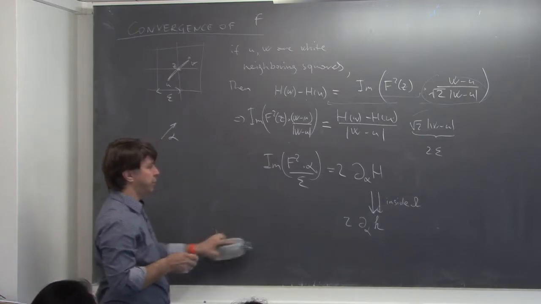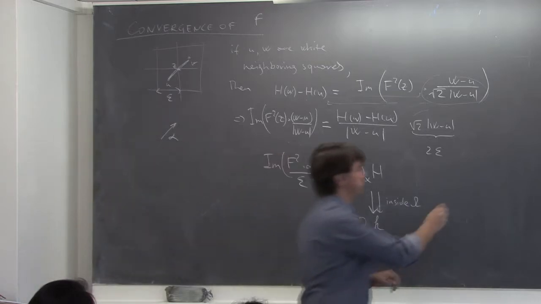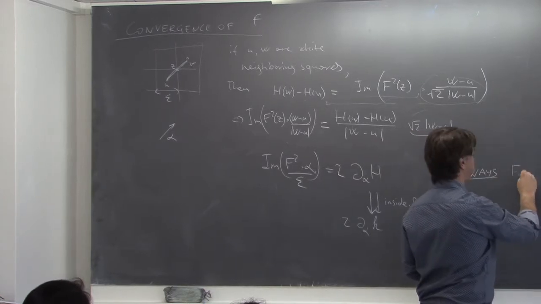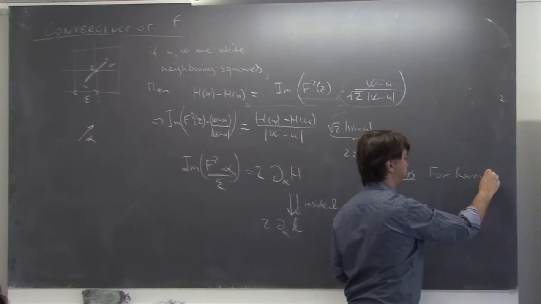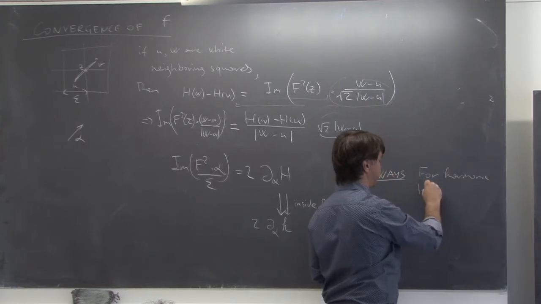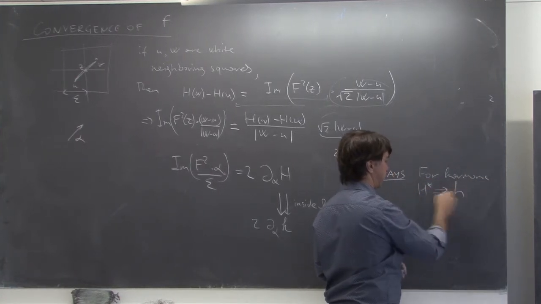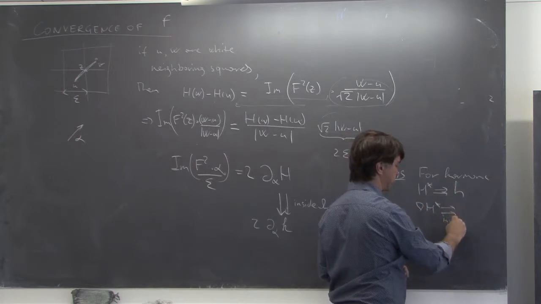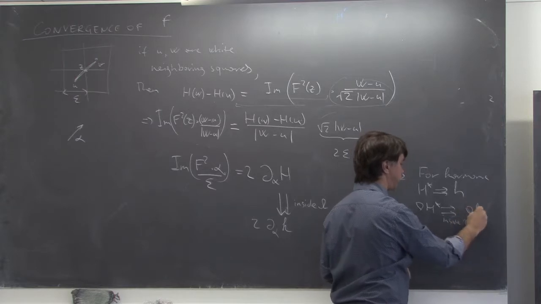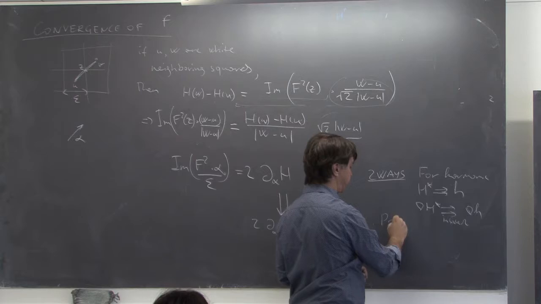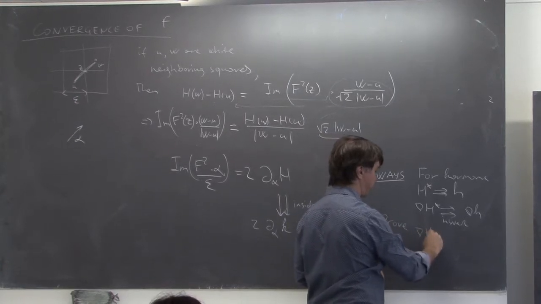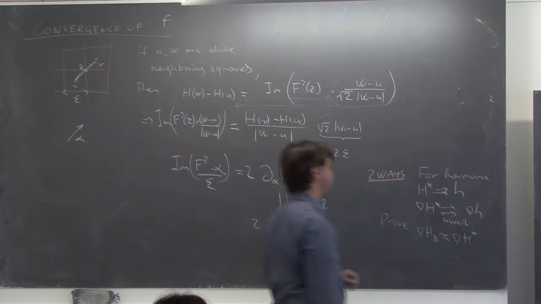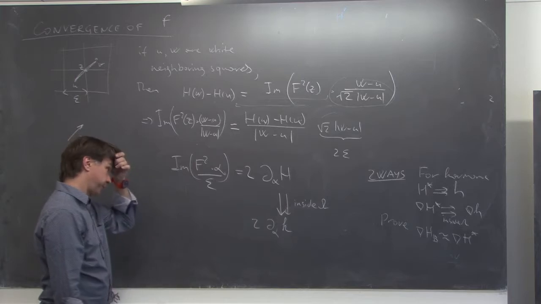So here there are basically two ways to deal with this. For the harmonic function, which we denoted h star, it converges to h small, and the gradient also converges inside omega. And then we can try to prove that the gradient of h black is approximately the gradient of h star. So that's one way.